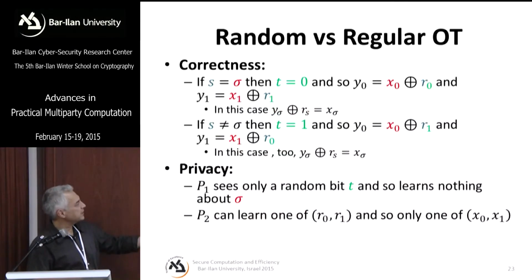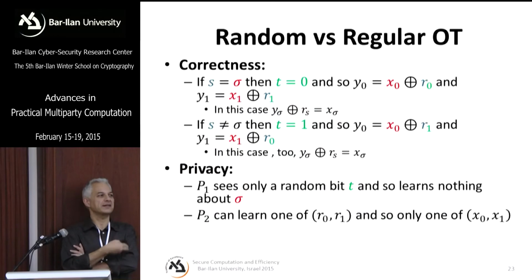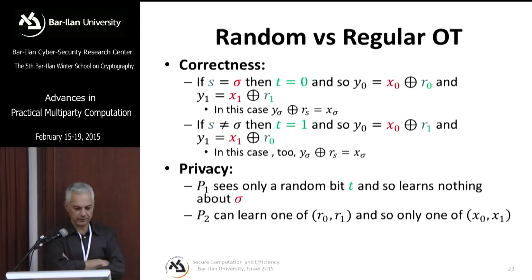So the correctness here basically says what I said in the previous slide, showing that P2 can decrypt what it needs to decrypt. And in terms of privacy, what P1 sees in the protocol is just this random bit T, which tells him whether to reverse the order with which it encrypts its values or not. But this is just a random bit, so it reveals nothing.